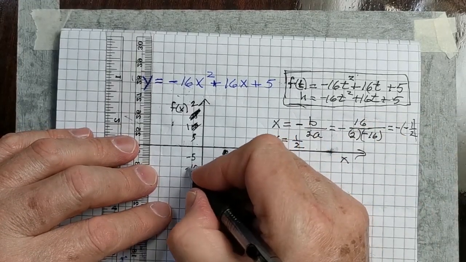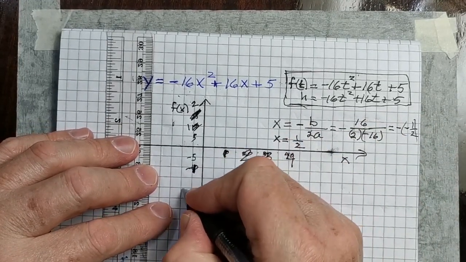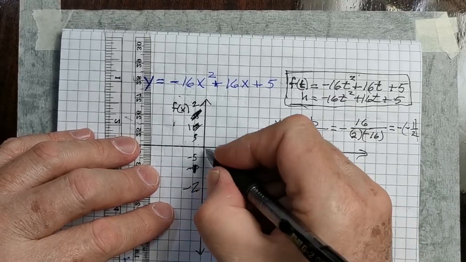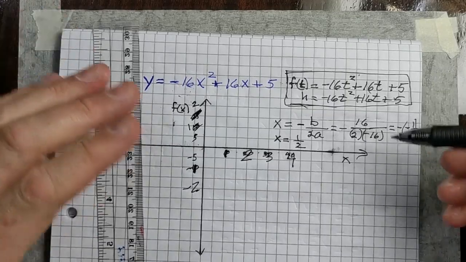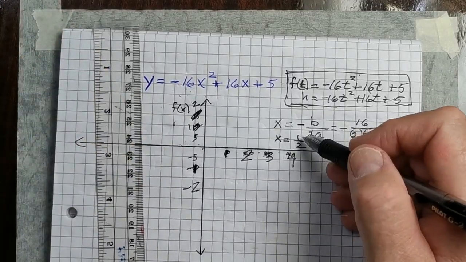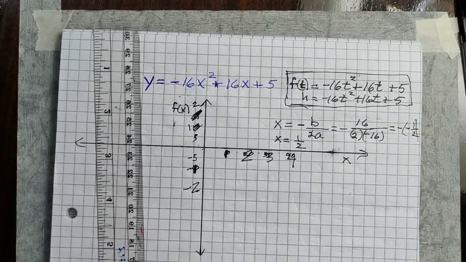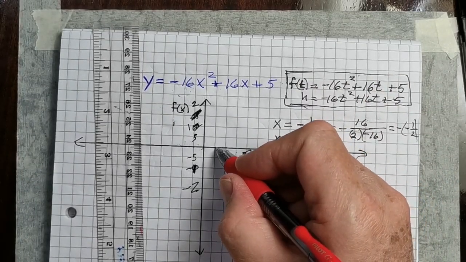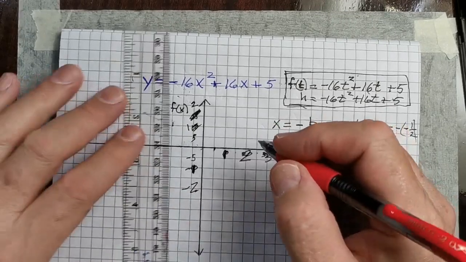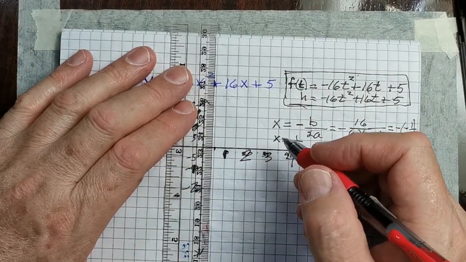And negative 1, negative 2 here. Sorry for the mess, but I just chose units that wouldn't work too good. So x equals 1/2. That's our axis of symmetry. If this is 1 right here, x equals 1/2 would be right here. So this is my 1/2. This is my axis of symmetry right here.